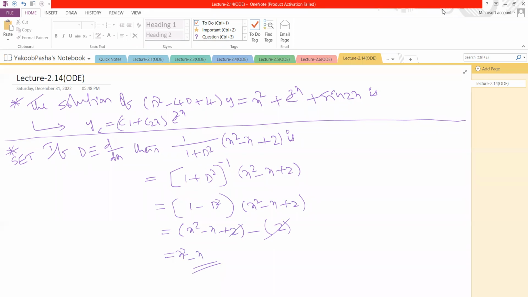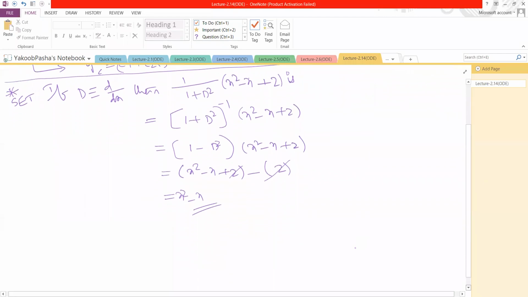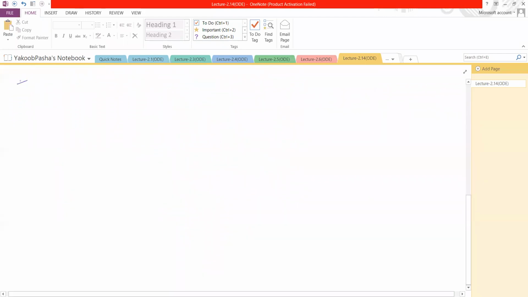Now I am taking another problem from the set. The solution of the differential equation d square y by dx square plus 4y is equal to sin square x.